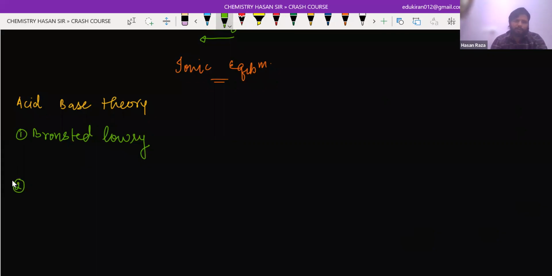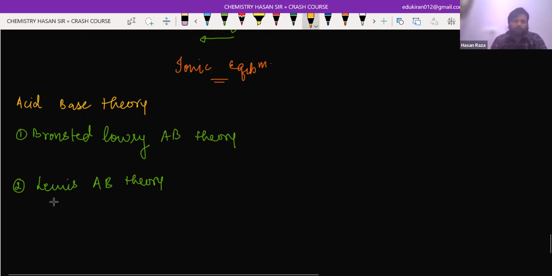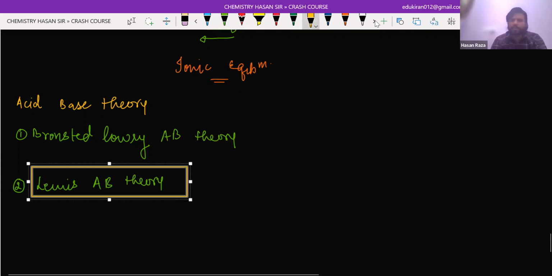Then comes the most important, Lewis acid-base theory. AB theory means acid-base theory. So the main thing we are going to discuss first is Lewis acid-base theory.